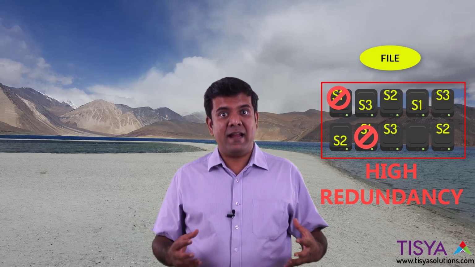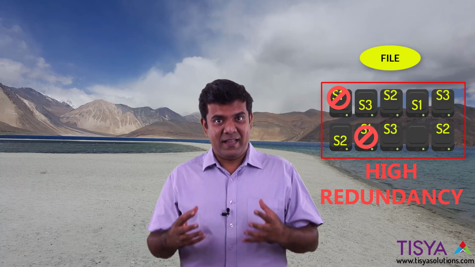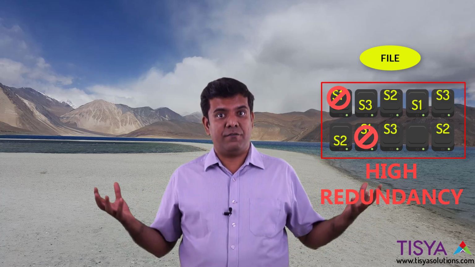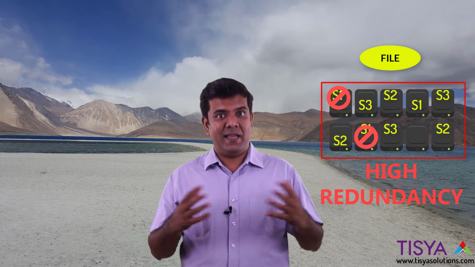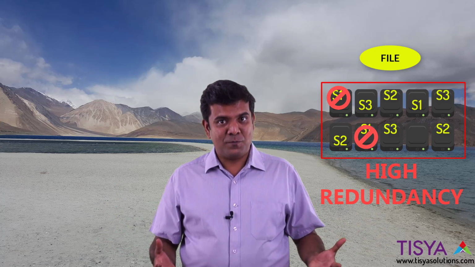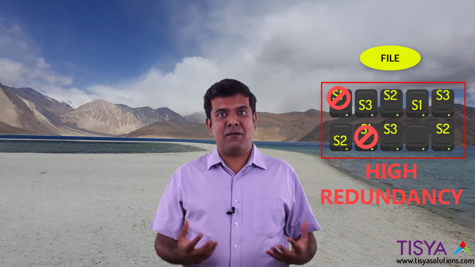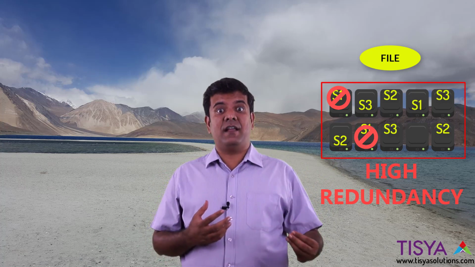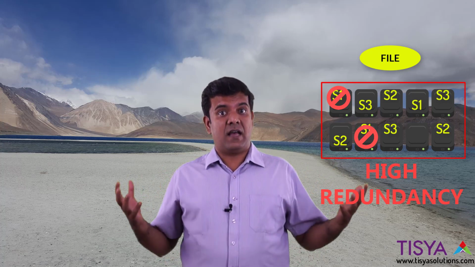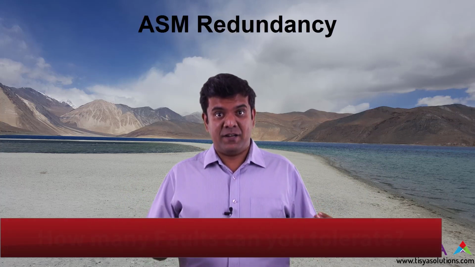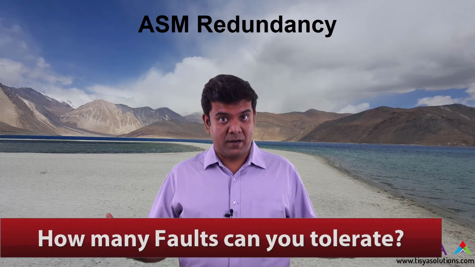So the idea behind implementing redundancy is to ensure high availability of your disk groups, or rather high availability of your data in your disk groups, and thereby you don't need to necessarily go about doing a backup and recovery situation. Whenever a disk fails, your data is highly available. The primary benefit of redundancy is to ensure how many faults you can tolerate.